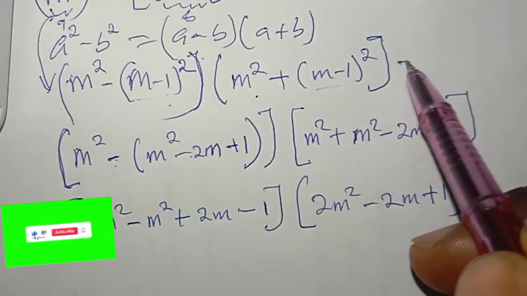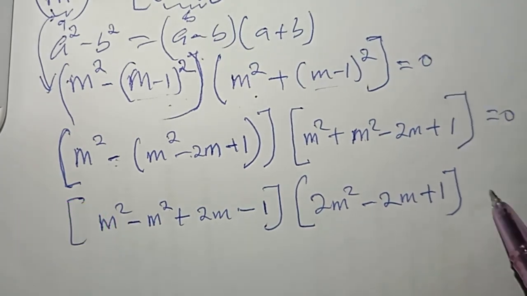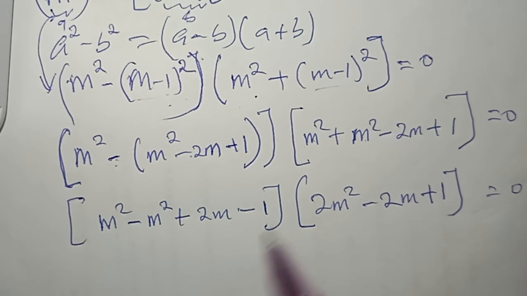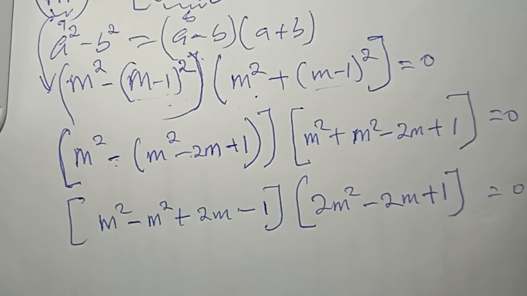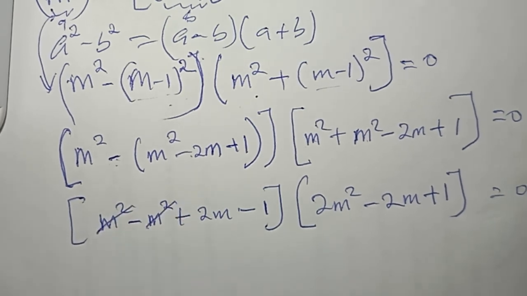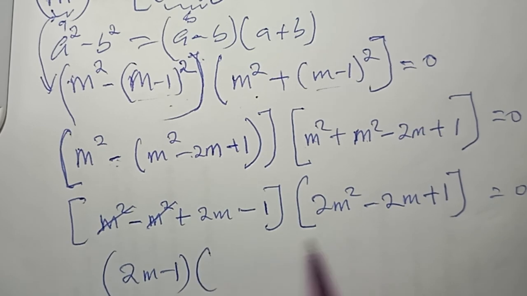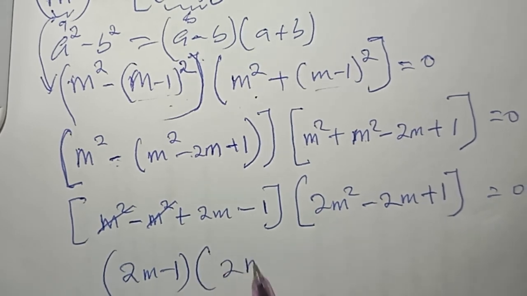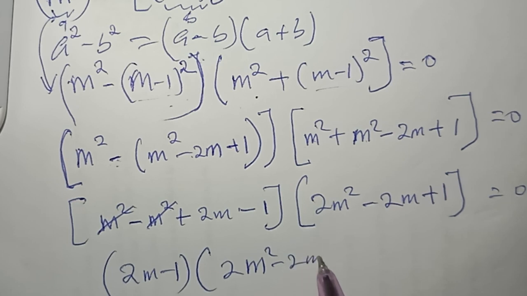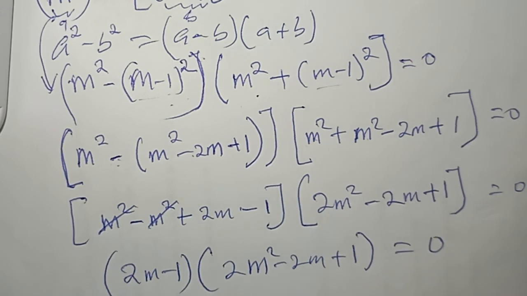Before I forget, all of these are equal to 0. So this will subtract this, and what I now have left is 2m - 1, and on this side I have 2m^2 - 2m + 1 = 0.